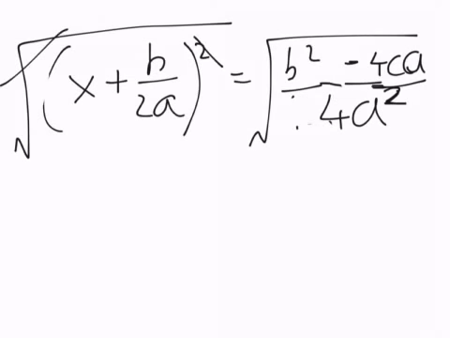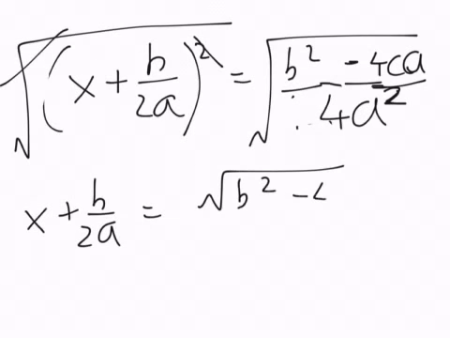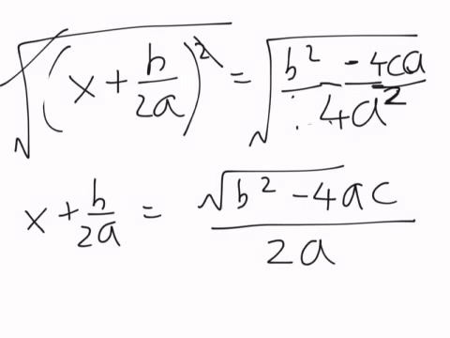That cancels out. And we are left with x plus b over 2a equals square root of b squared minus 4ac, or ca, but it's the same thing, over square root of 4a squared, which is 2a. It's looking very similar to the equation.